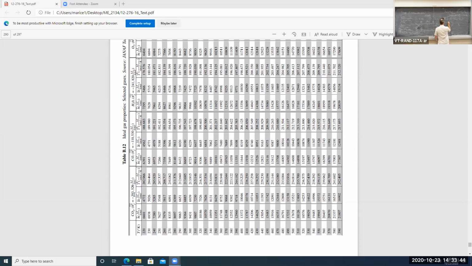So this is negative 393,520 plus H bar at 500, so that'll be 17,678, minus H bar evaluated at the reference temperature, which is 298. That's 9364. And that's all going to have units of kilojoules per kilomole.